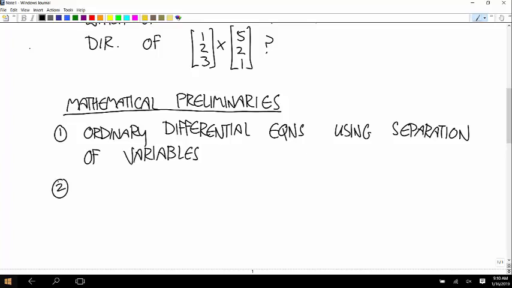And then a couple of things that you probably just haven't seen very often in this format. So we're going to talk about derivatives of vectors. And these are going to be in non-rotating coordinate systems.